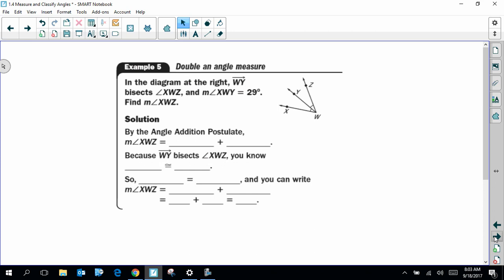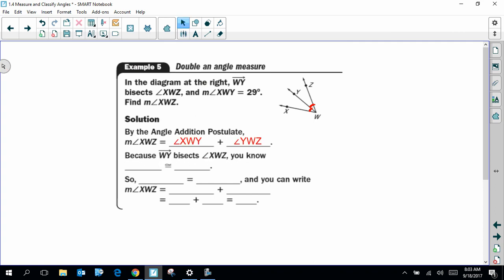And now we're taking a look at a double angle measure. Okay, what they're letting us know here, if you notice in the diagram, this is a single arc, this is a single arc. That means the measurement of angle XWY and angle YWZ are going to be the same.